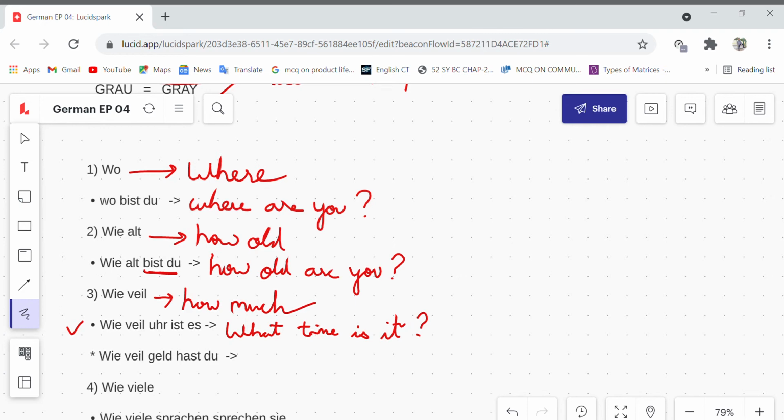Then we will do Geld hast du, which means how much money do you have? How much money do you have?